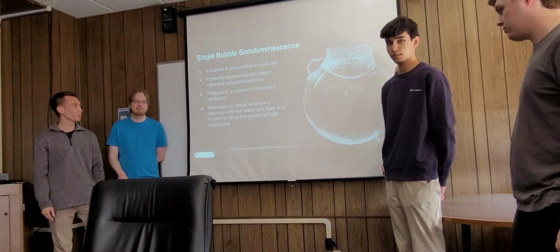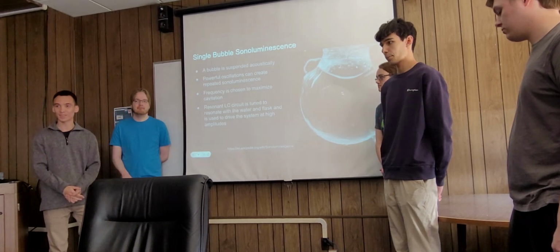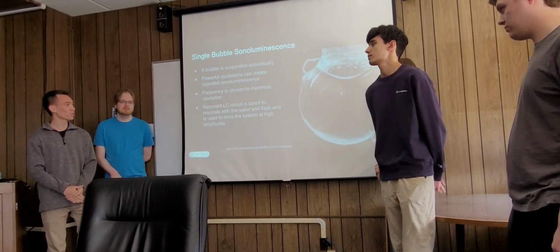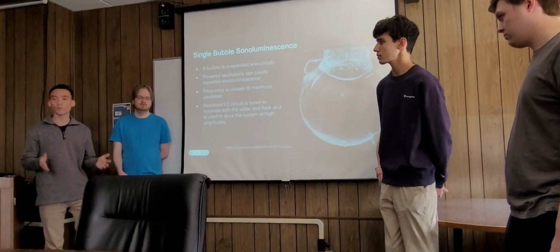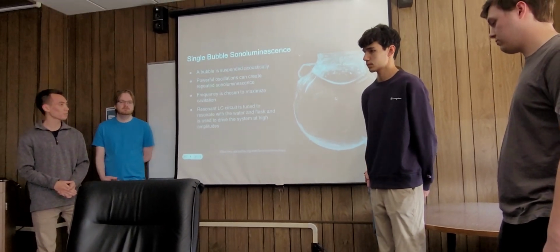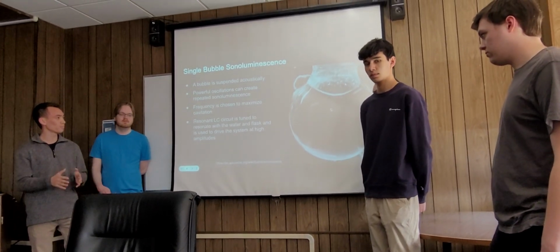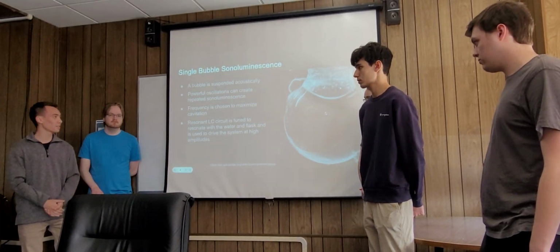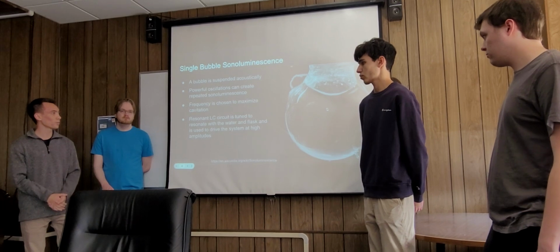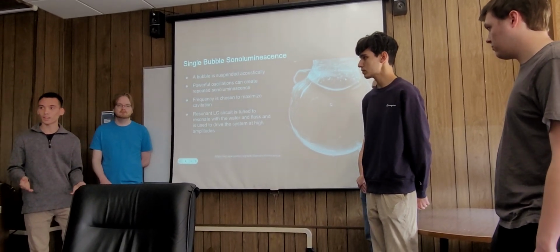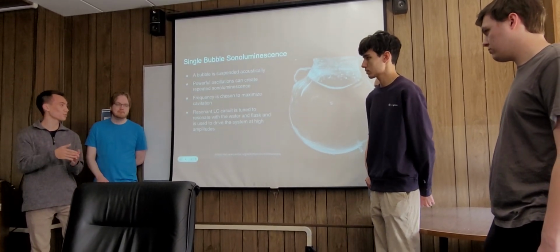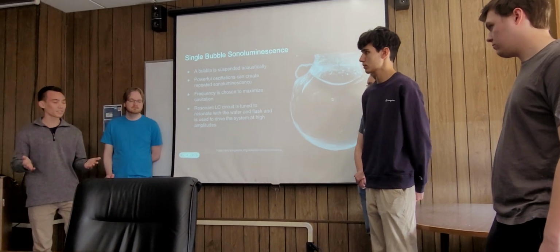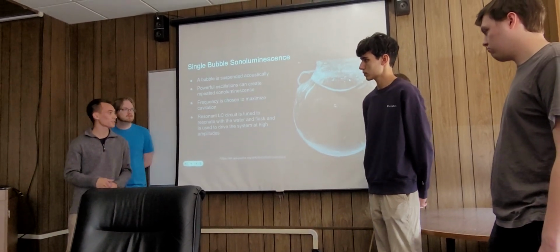In the same way, we don't want to get so far as breaking the flask, but we want to create a standing wave inside of the flask-water system. We're going to try to find the resonant frequency of that, and based on that frequency, we're going to create a standing wave inside, and it's the antinodes of that standing wave that will keep that bubble suspended in the middle of the water.